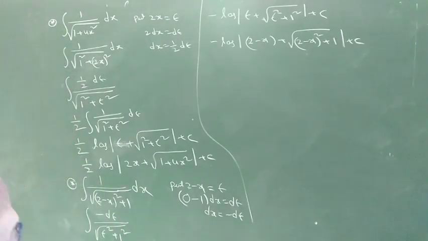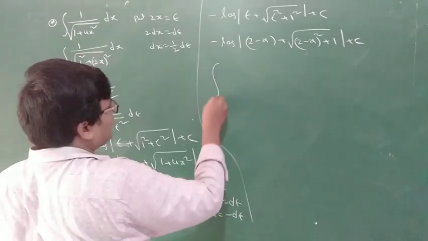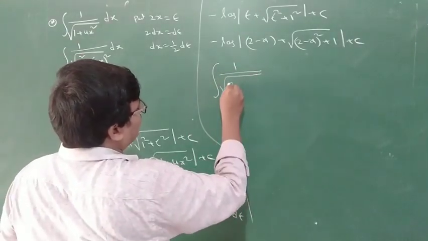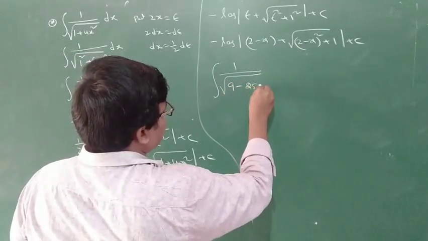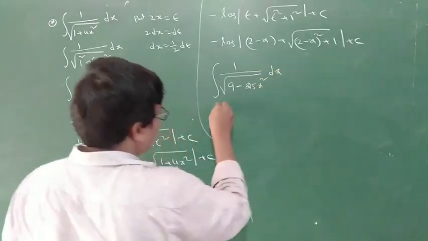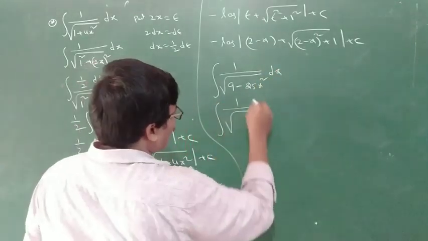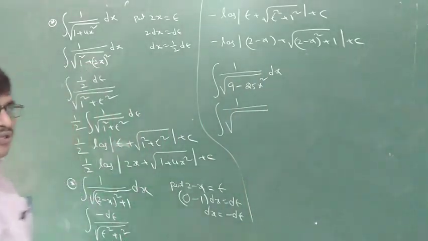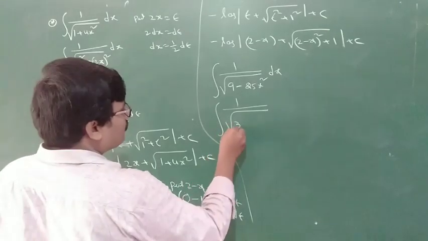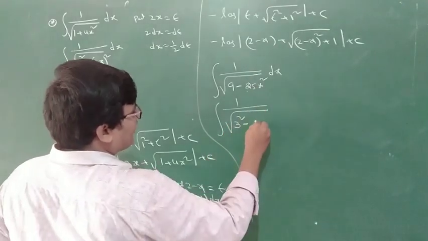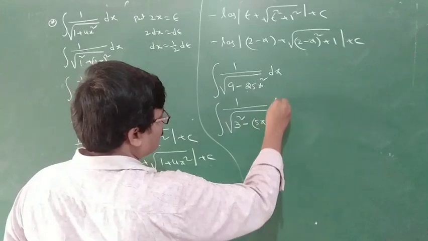Next, integral 1 by root of 9 minus 25x square dx. Convert the root inside value into a square minus x square form: 9 is equal to 3 square, and 25x square is equal to 5x whole square.